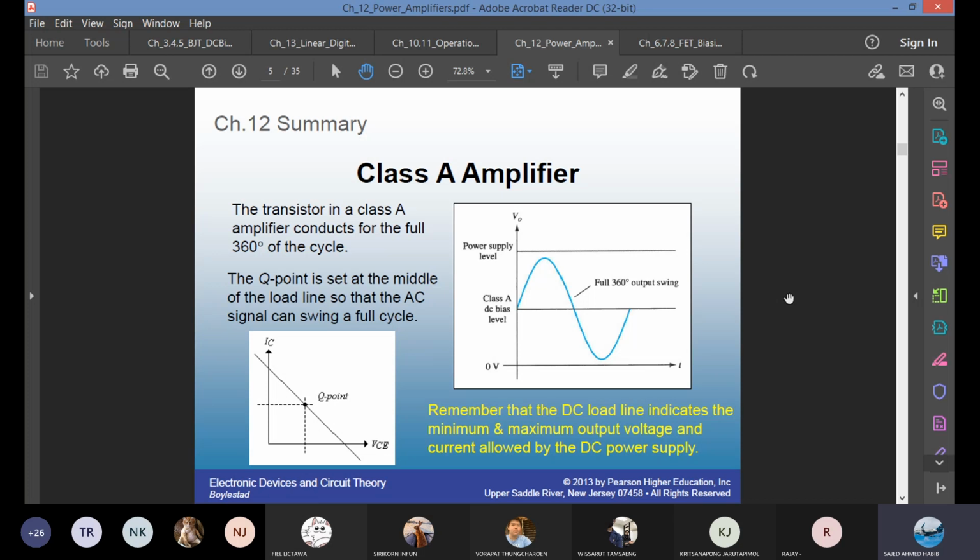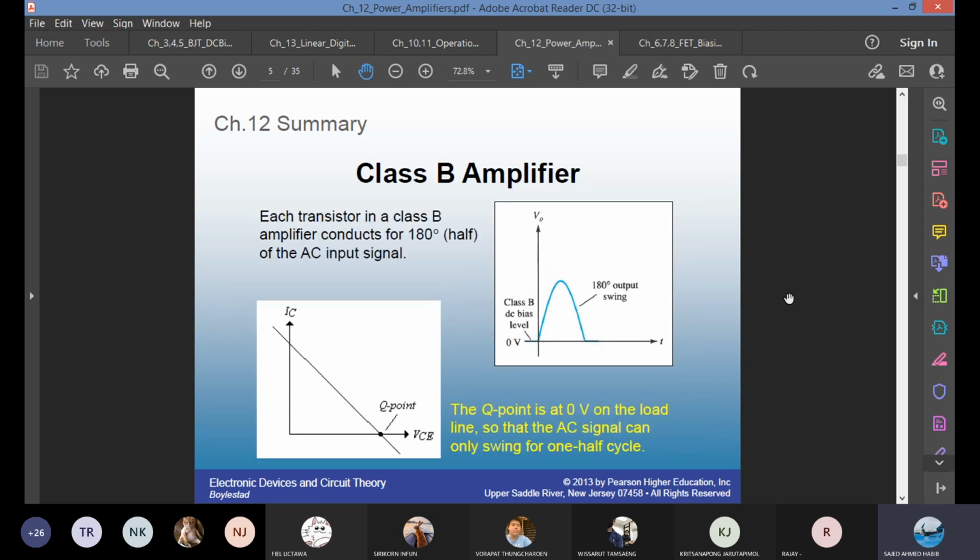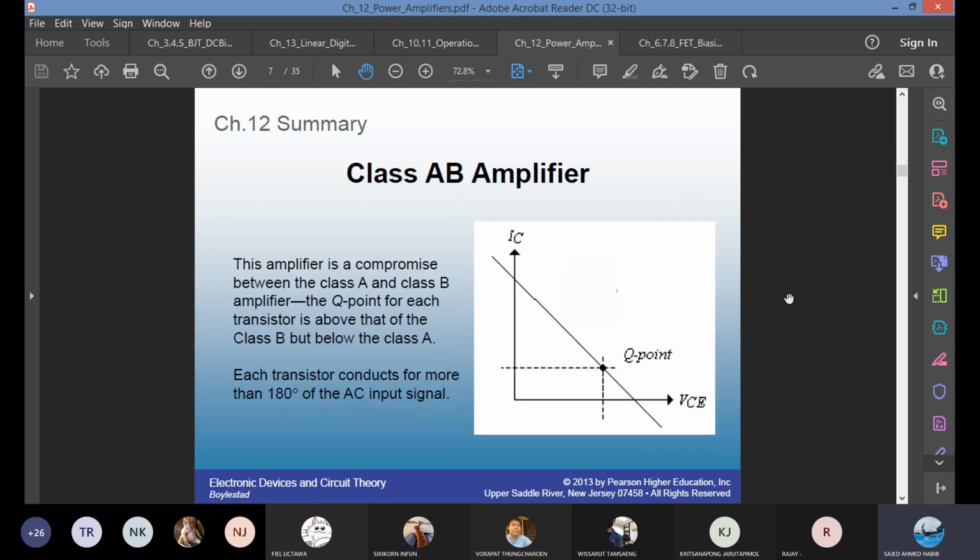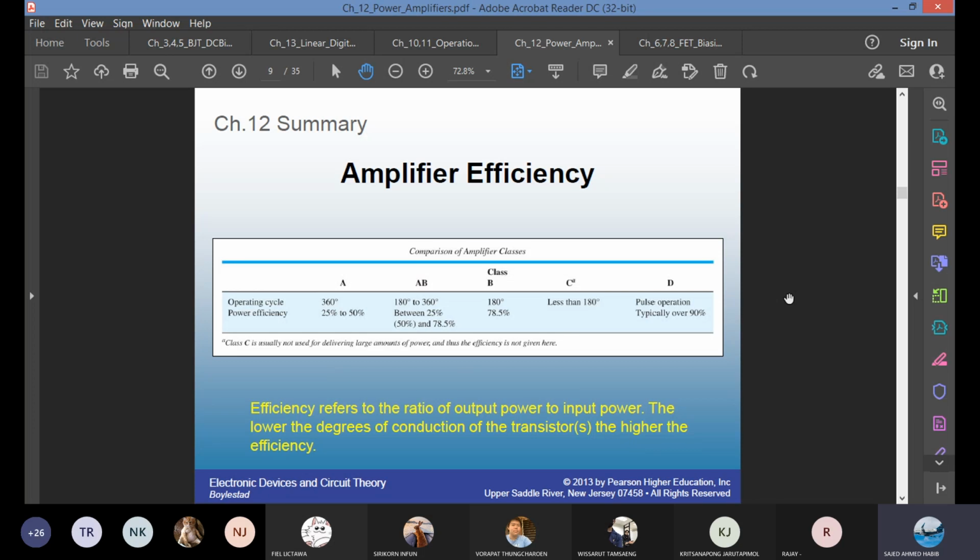These are some of the graphs showing the output and load and the Q point. Efficiency you can see. A has the maximum conduction but the least amount of efficiency. As you keep increasing the letter, the efficiency goes up.